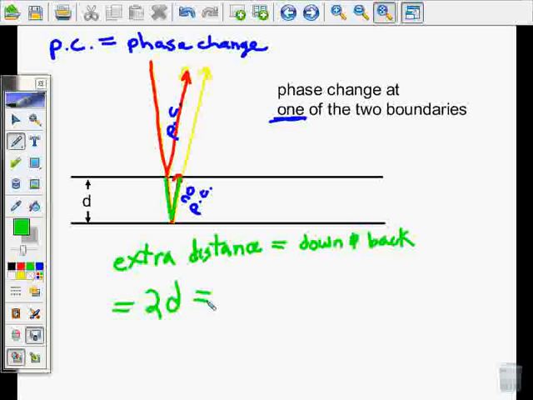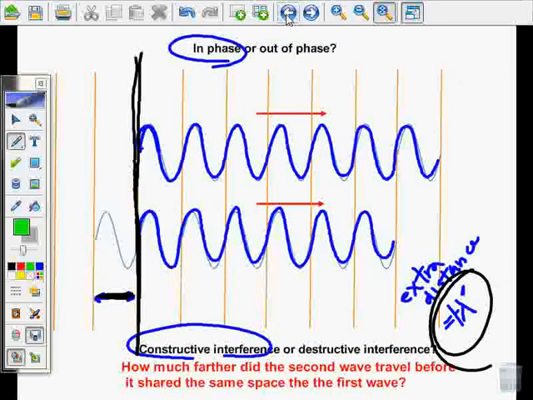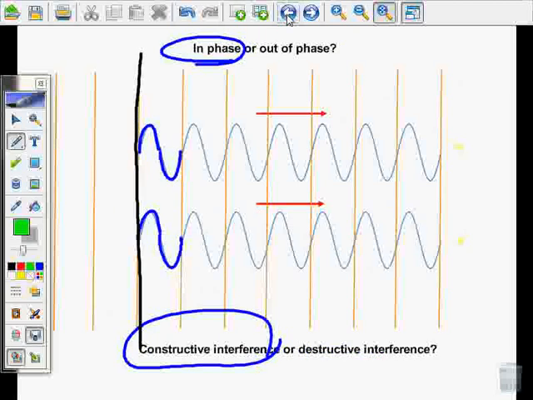Maybe we should go back and take a look. Let's go all the way back. Here we have the 2 waves. Let me erase this work here.